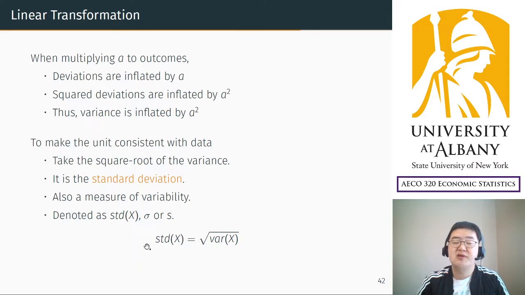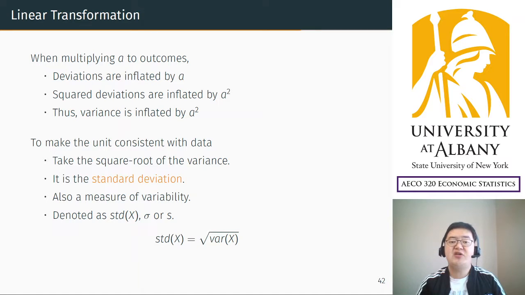It also measures the variability and is denoted by STD, standard deviation, of a random variable, or simply sigma or S. If you remember, variance was denoted by sigma squared or S squared. But now, without the square, it means standard deviation.